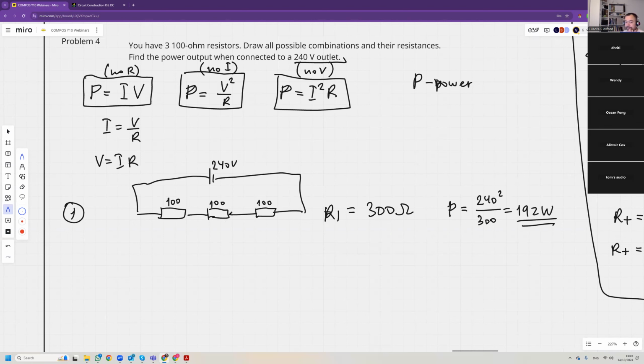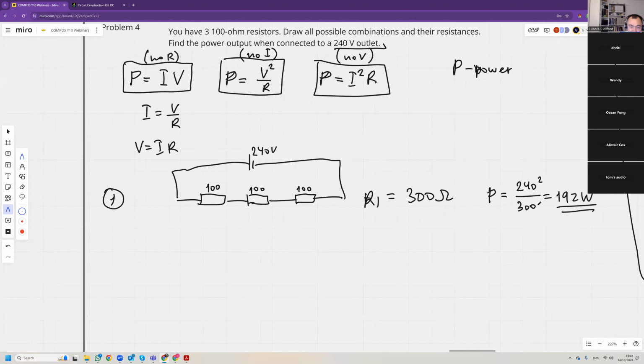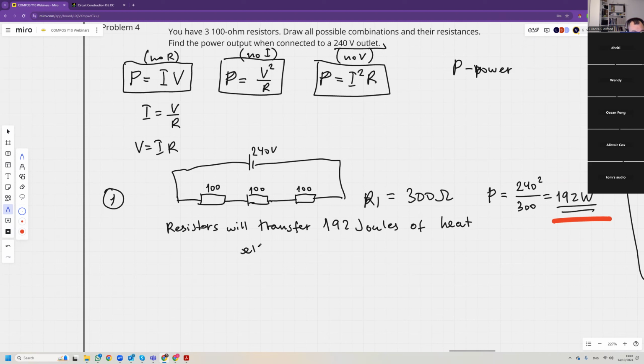What does this number mean? This is important to understand. The resistors will transfer 192 joules of thermal energy, of heat, every second.